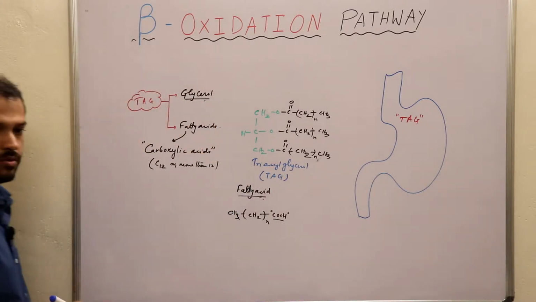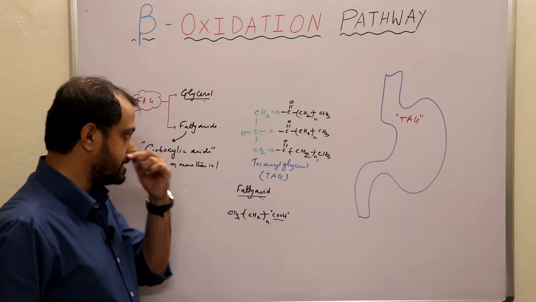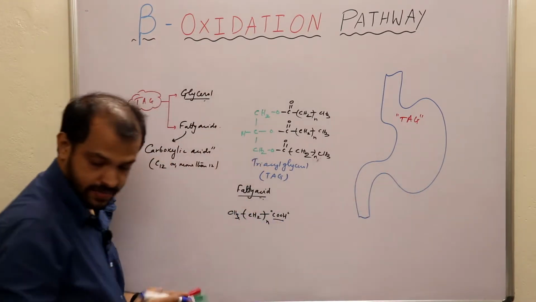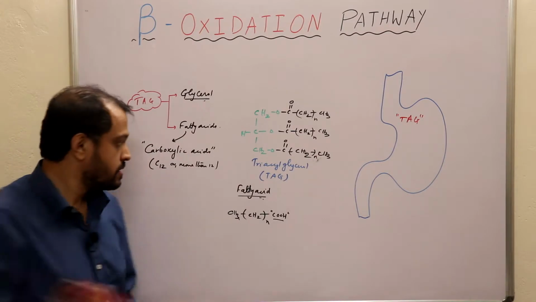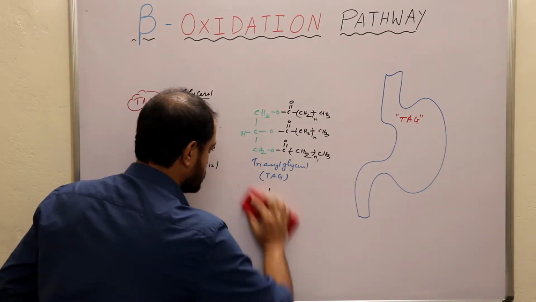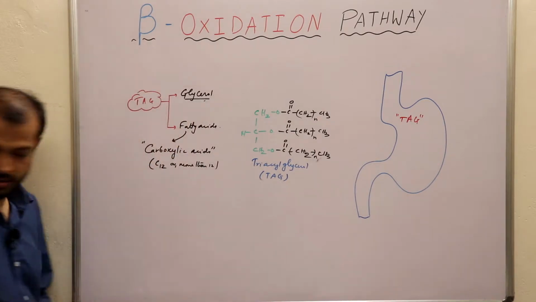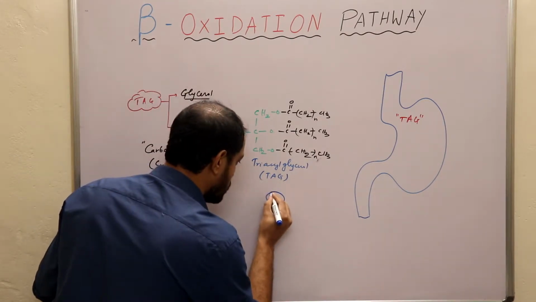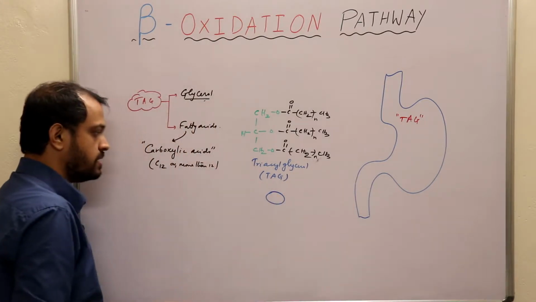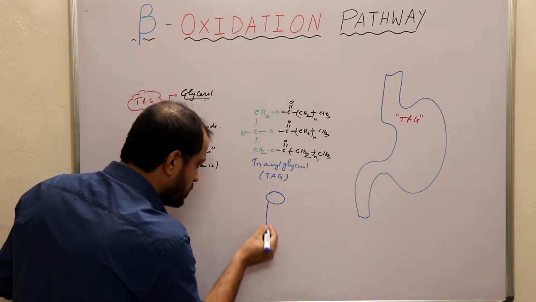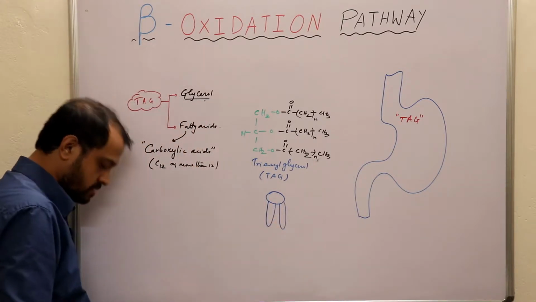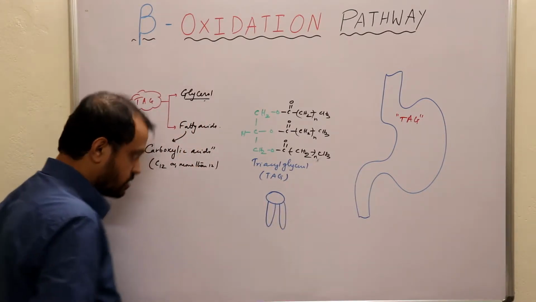Now you should always understand these notations, that is, how we draw a phospholipid or something like that. We draw one circle and we draw these two lines. Now you should always understand what these things mean.